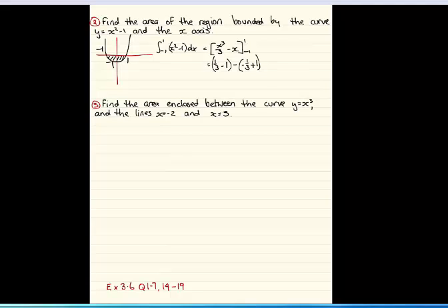And so all up, my answer is negative 1 and a third. But that's not the area, is it? Okay, so therefore the area equals 1 and a third units squared. You can write out square units, whichever.